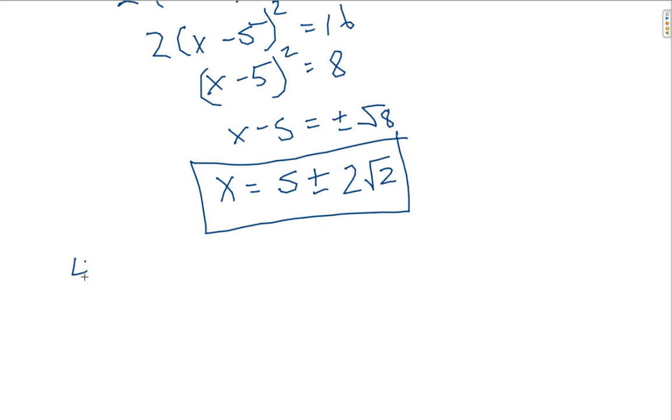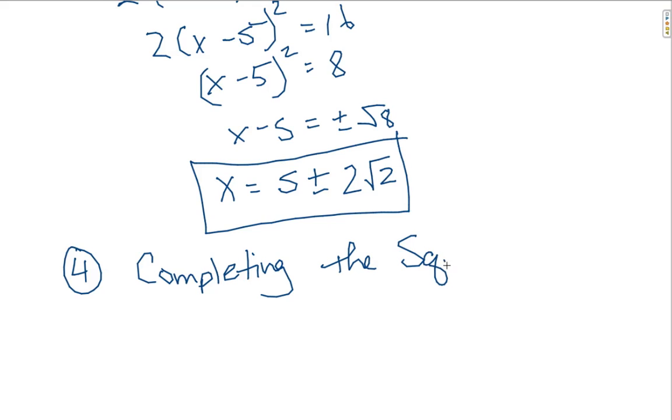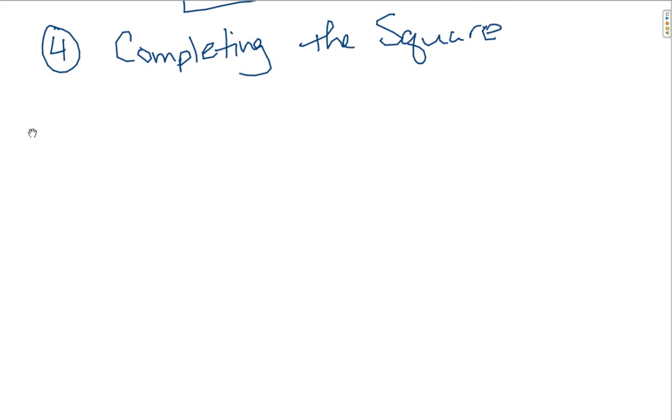The fourth scenario we have is called completing the square. This is the one that I had you guys do before you could come into class. It was your ticket to start, so to speak. We're going to go through a little bit. I'm going to complicate the matter a little more by putting a coefficient in front.